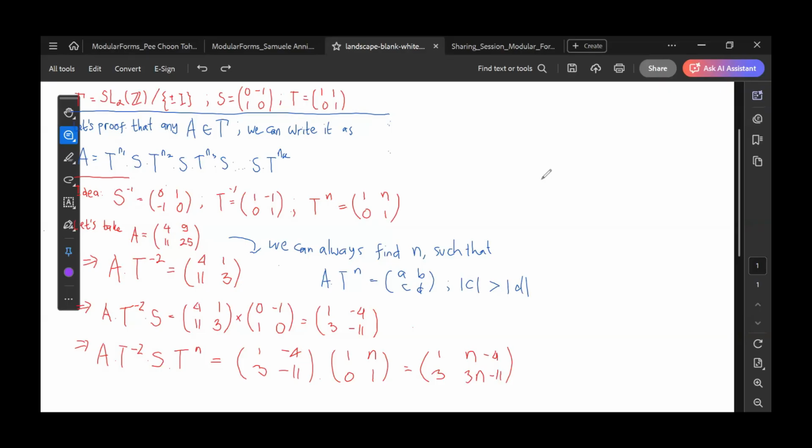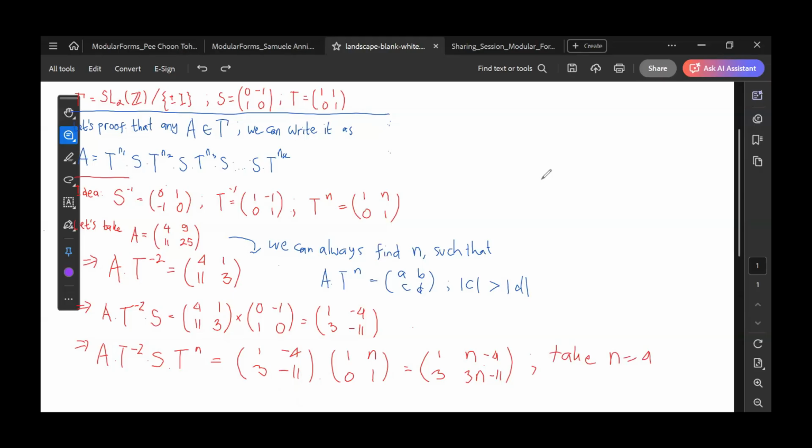Now we can find again some n such that the absolute value of c is bigger than this. So we can see that this is 3 and this is 11, right? The absolute value, this is still bigger. So we need to find some n such that the value here will be bigger than this. So we can take n equal to 4.